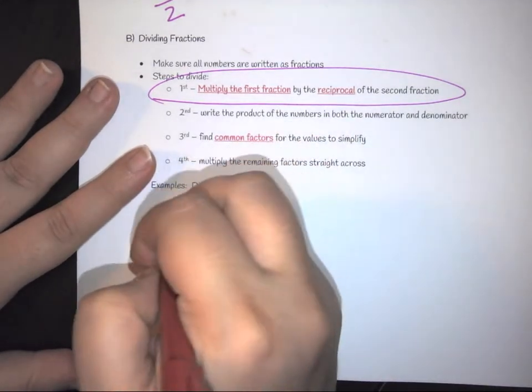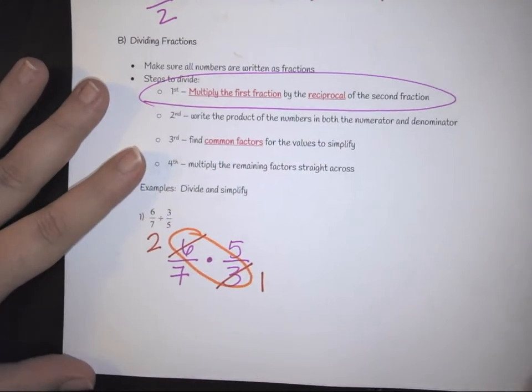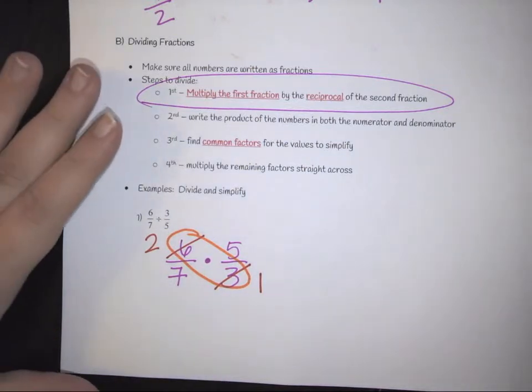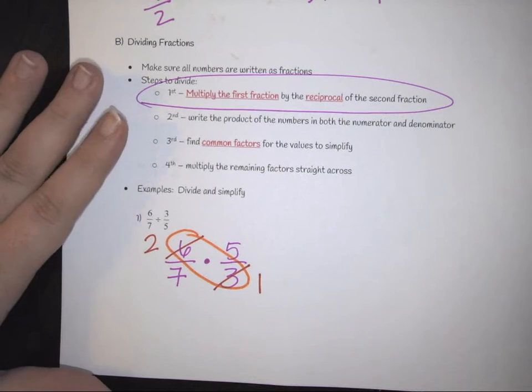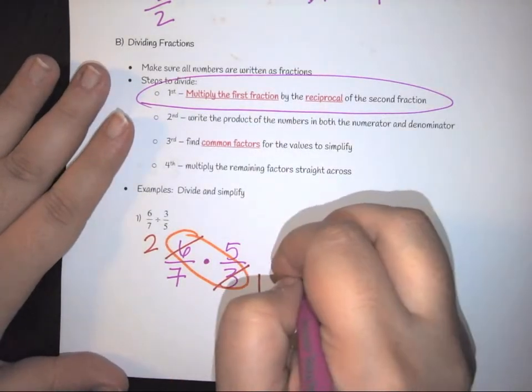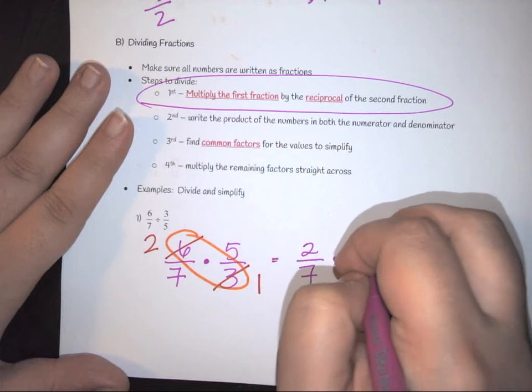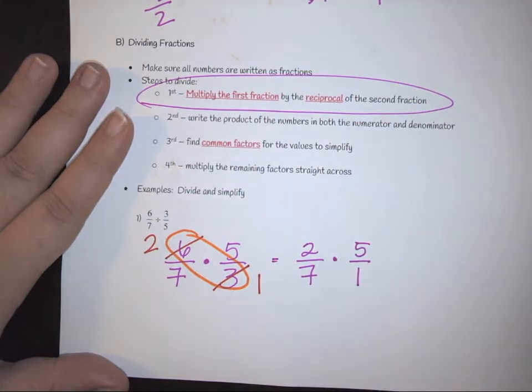My 6 becomes a 2, which means my fraction itself is going to become 2/7. So this is 2/7 times 5/1.